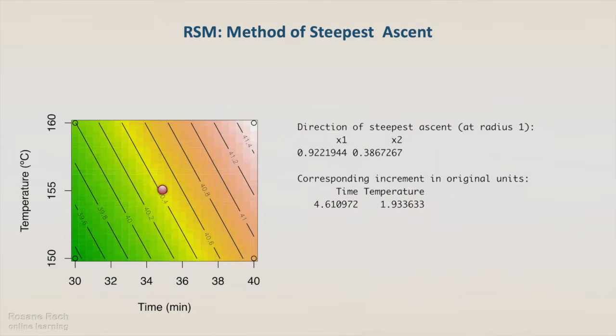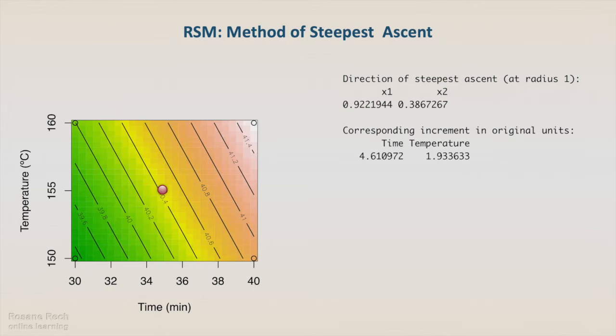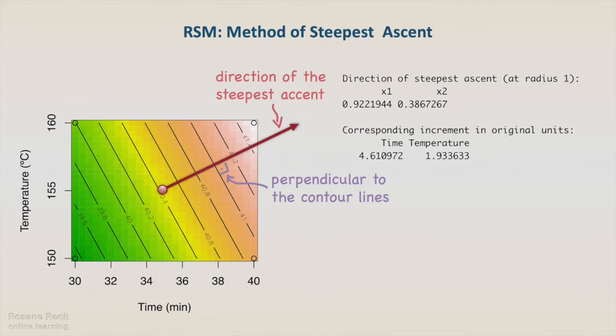Looking at the contour plot, the direction of the steepest ascent is perpendicular to the contour lines. It indicates the direction of the maximum increase in the response. The information in the RSM output tells us the relative variation between the two factors being studied.